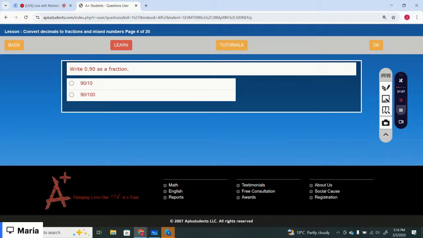Write 0.90 as a fraction. That is 90 over 100. Option number 2 is the correct option.